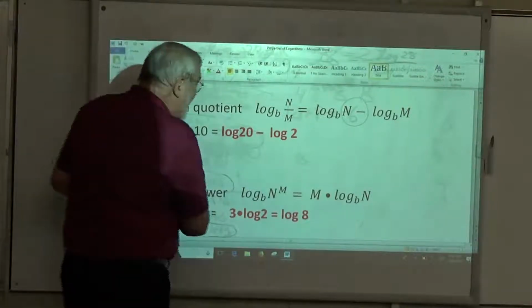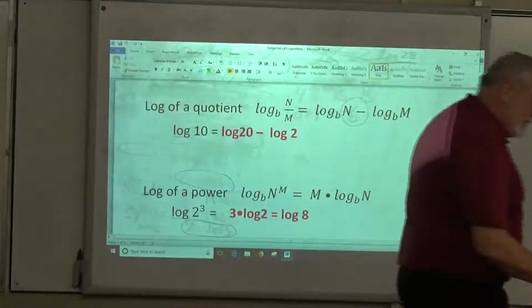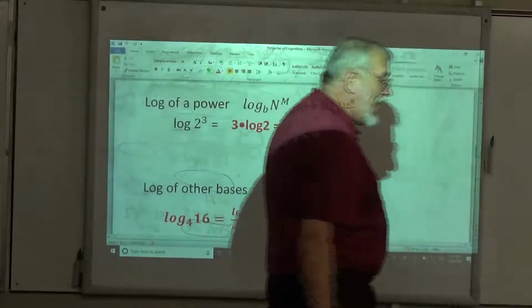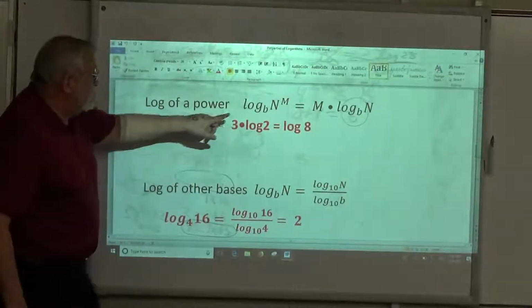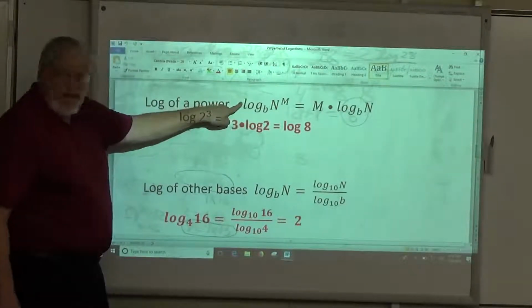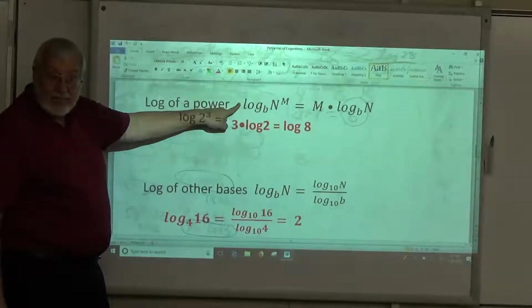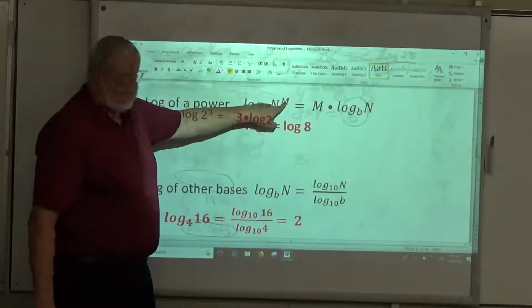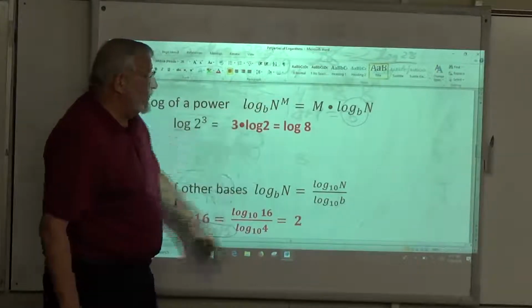Okay, now, the last one, third one, is the log of a power. You see this m right here? This m comes to the outside. Because I have m in number, I have this many logs of those.